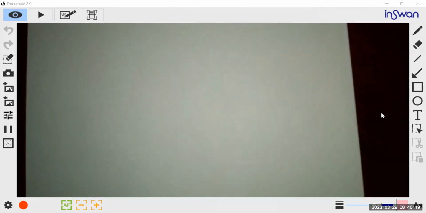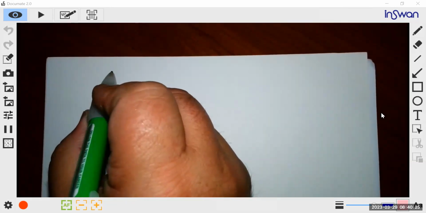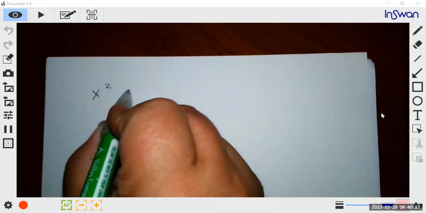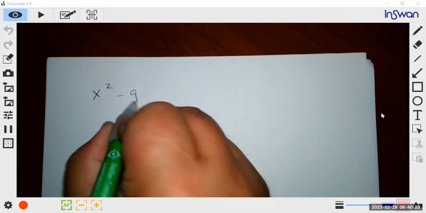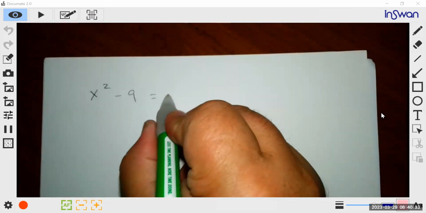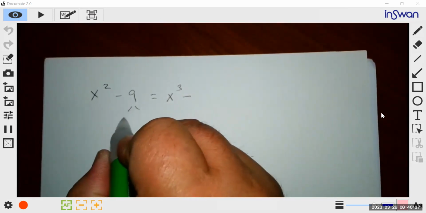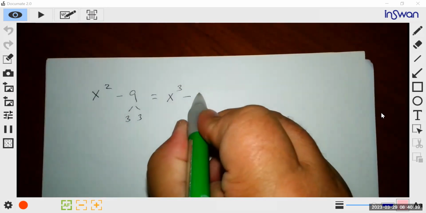Look at another one. x squared minus 9. Is this a difference of two squares? What's 9 made up of? 3 times 3.